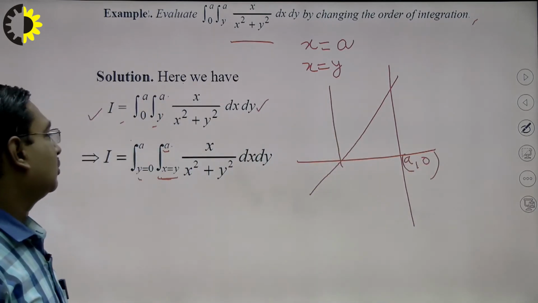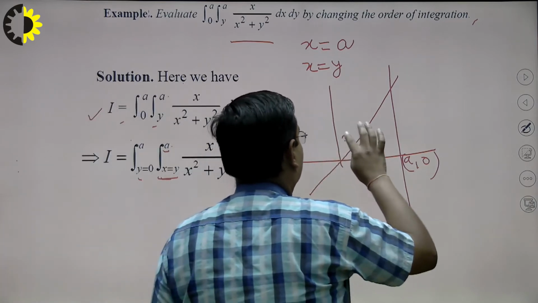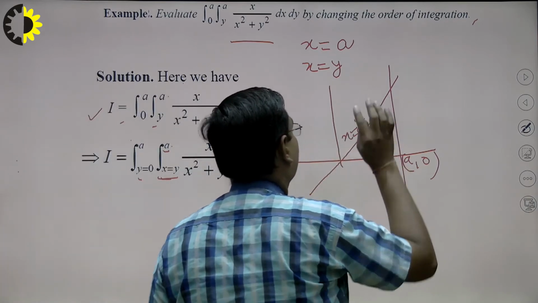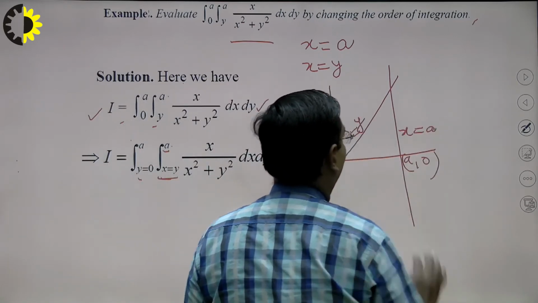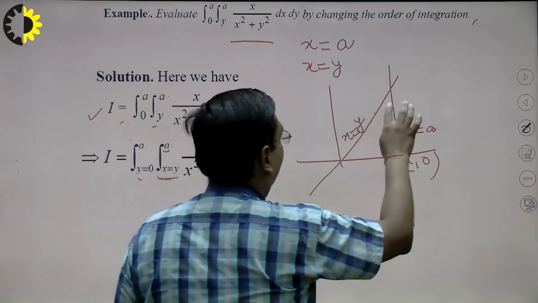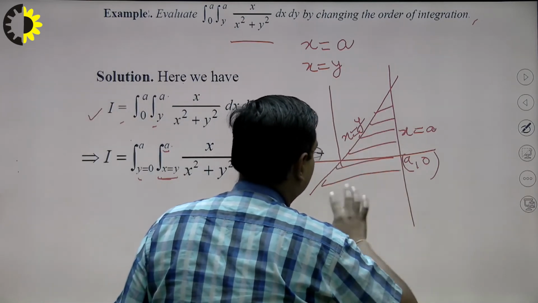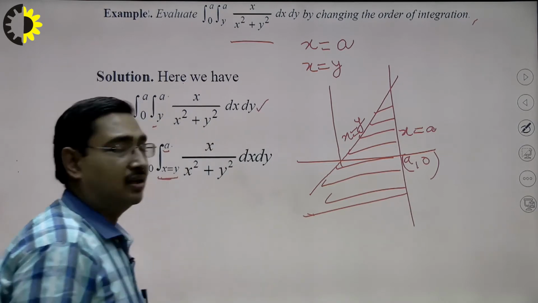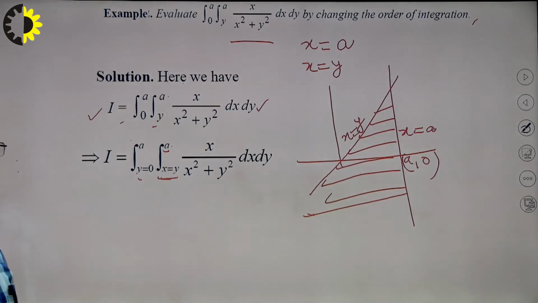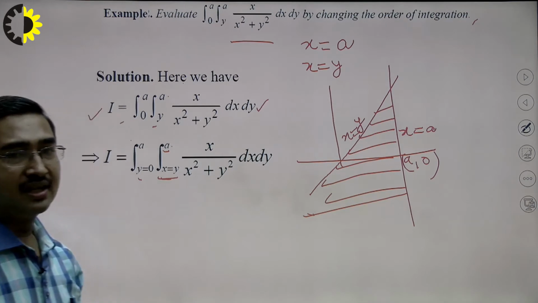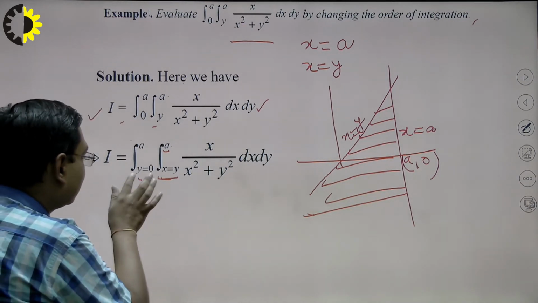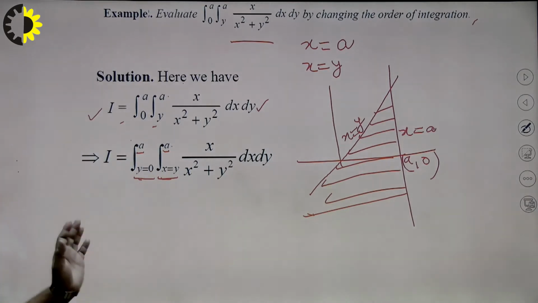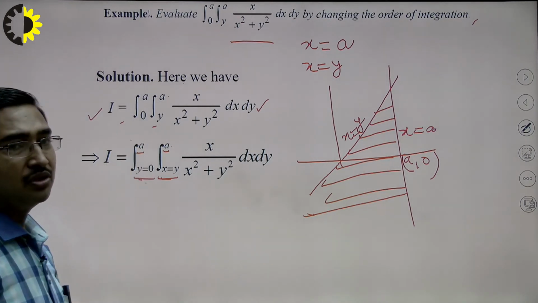Limits are from x equal to y to x equal to a. This is x equal to y, and this is x equal to a. So the region from x equal to y to x equal to a is to be considered. But what part? It is again a region extending up to infinity. To decide the bounded region, we use the limits given here for y. Limits of y are from 0 to a.